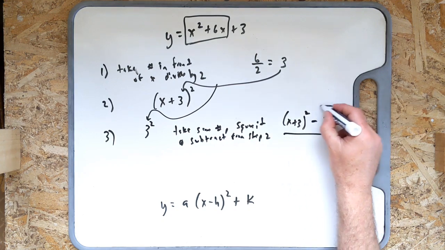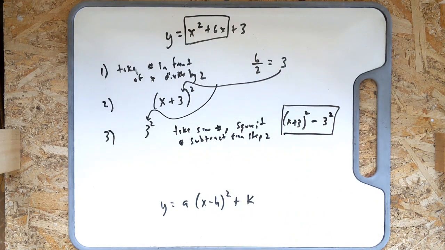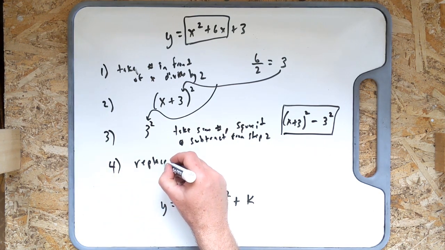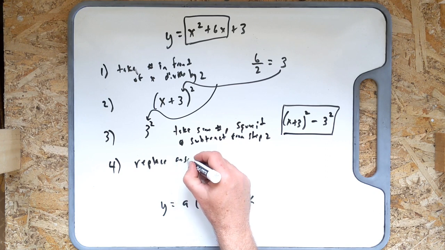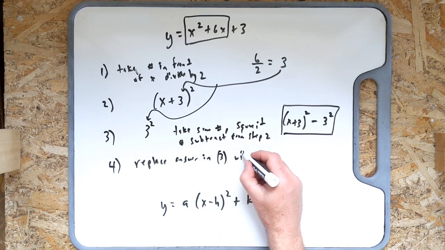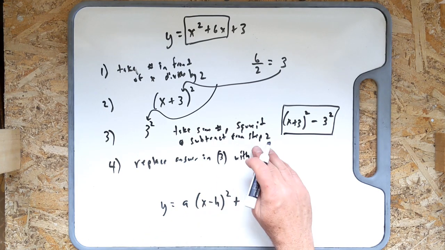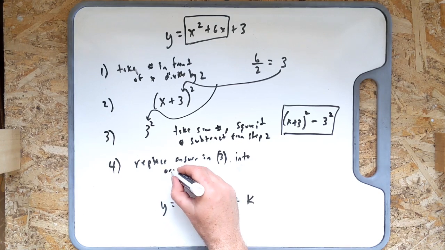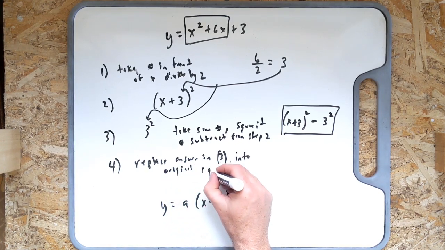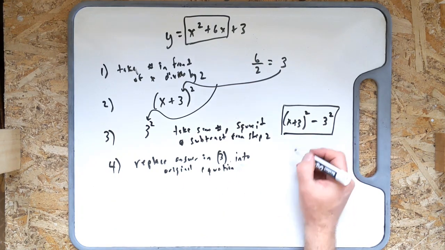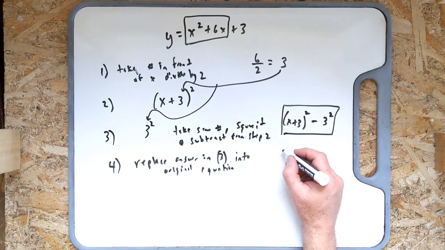This right here, and I'll show that in a moment, is the equivalent of x squared plus 6x. So I can just replace it. Replace our answer in step 3 into the original equation. So that's what I did here. Actually, that should be here, really.